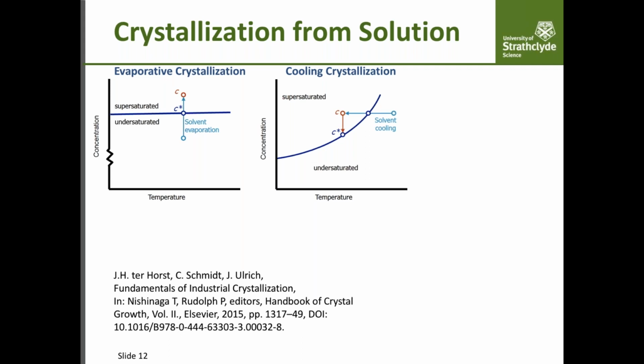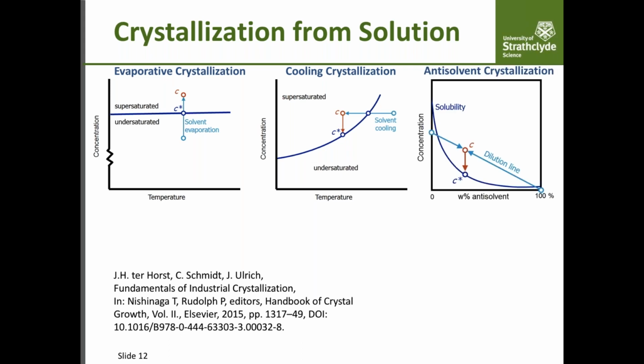A third process is anti-solvent crystallization, where you use the decrease of the solubility as a function of the anti-solvent you add. The decrease should be highly nonlinear, because at the same time that you decrease the solubility by adding anti-solvent, you also dilute the system. So your decrease in solubility should be larger than your decrease of the concentration due to the dilution.